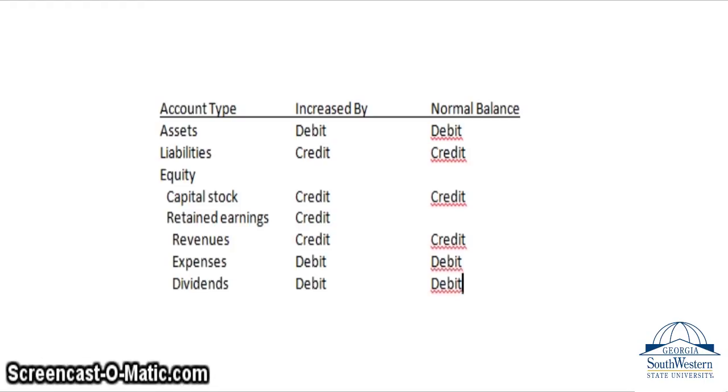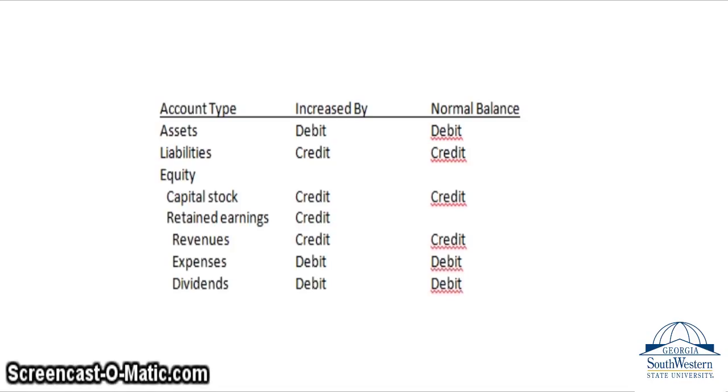Under equity, you have that first indention, which are your capital stock and your retained earnings. But then retained earnings has the three accounts under it: revenues, expenses, and dividends. Remember, assets, there are a lot of different types of assets, but they're all pretty much the same. So there are several accounts we could list under that. Same with liabilities. And again, equity, I've listed for you those different little pieces.